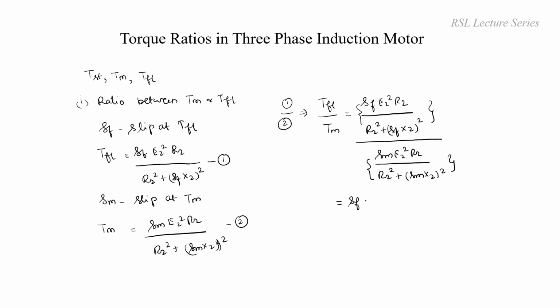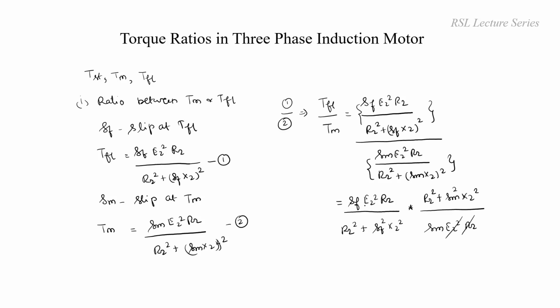So this can be rewritten as SF E2 square into R2 divided by R2 square plus SF square X2 square, multiplied by the reciprocal: R2 square plus Sm square X2 square divided by Sm E2 square R2.